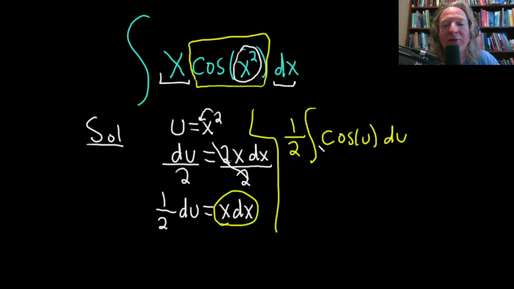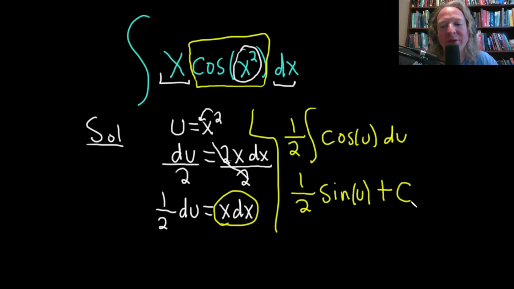So we're looking for a function whose derivative is cosine, right? Because we're anti-differentiating. So basically sine, because the derivative of sine is cosine. So this is 1/2 sine of u, and then plus our constant of integration, capital C. And you should always check your answer, right? The derivative of sine is cosine, so all is good.